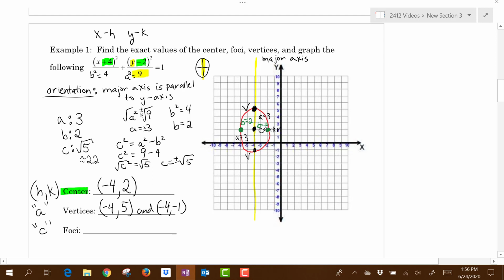Now ultimately what we're looking for are the exact values, so we're not going to use the 2.2, but it's nice to have a little approximation to figure out approximately where I should plot the foci. So we're going to go up from the center along the major axis 1, 2, and a little bit more, so about 2.2. There's a focus. We're going to go down from the center about 2 units and a little bit more, and there's another focus.